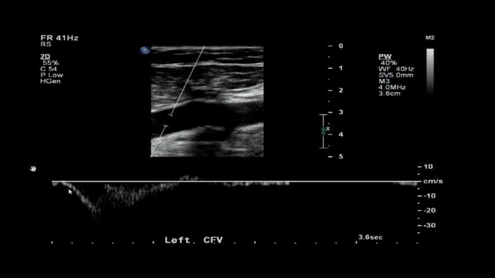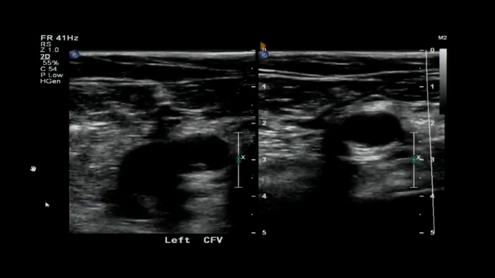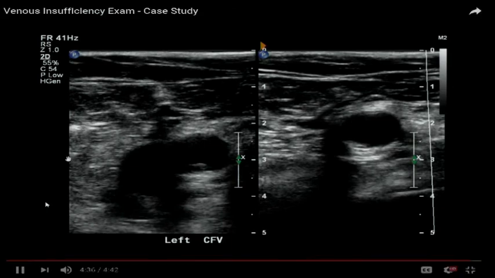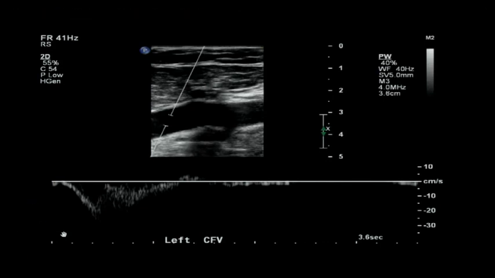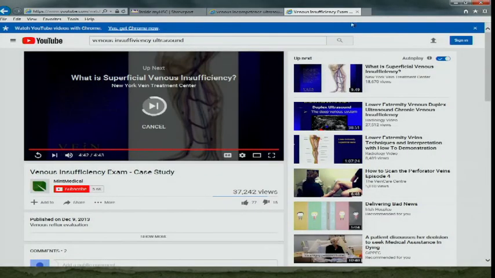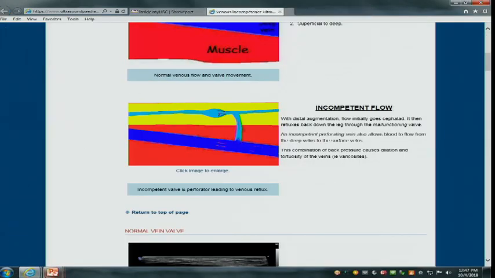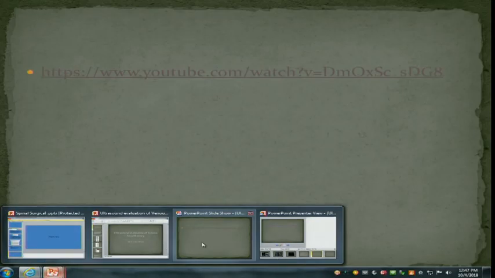Actually, by the standards of the IAC, we really need to show just the flow, but we tend to also show a compression picture just to make sure and be clear that there was no thrombus identified in the contralateral common femoral and that flow appears normal. All right, I think that is the end of my study.